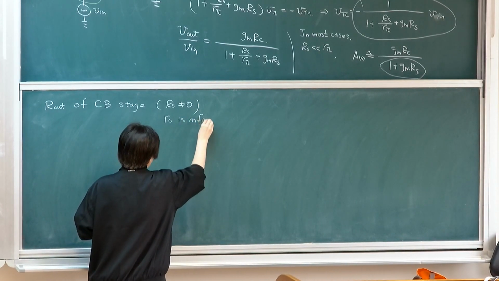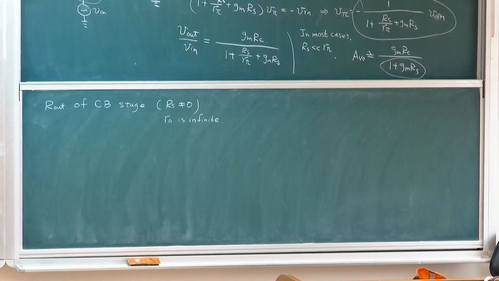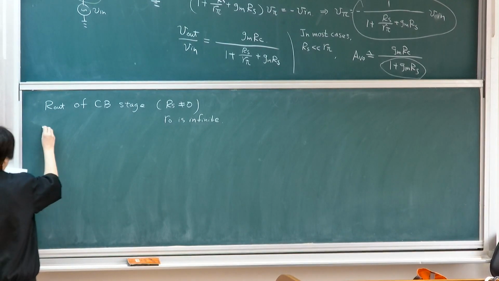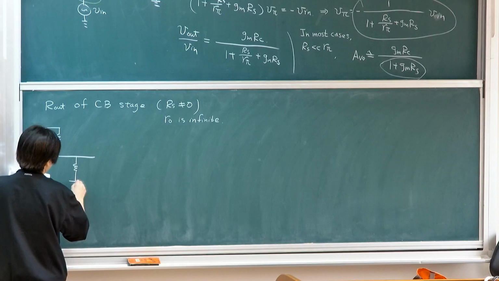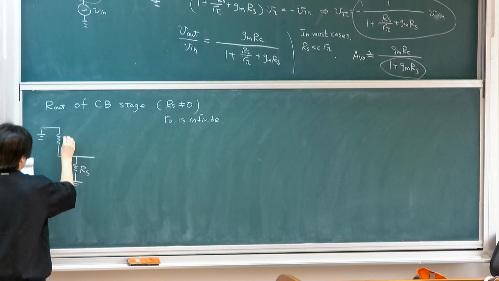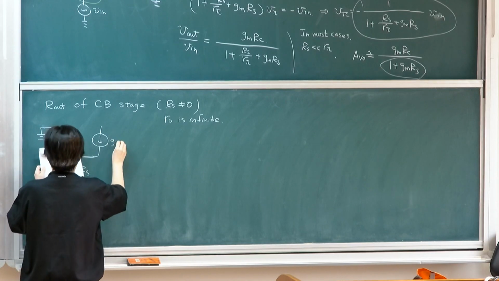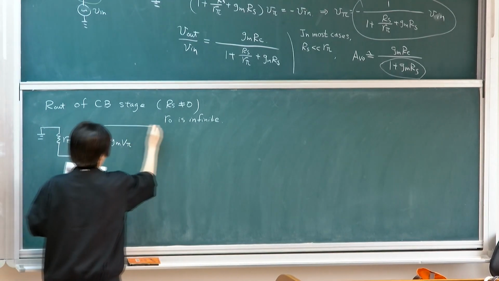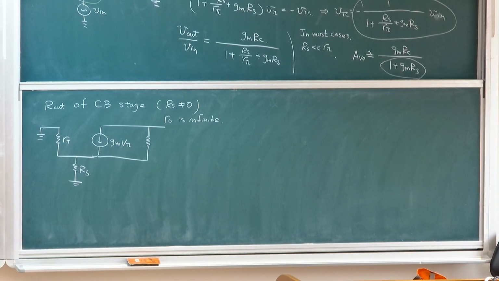If you want to consider the effect of RS on the output resistance, we need to reconstruct our equivalent circuit. So if you want to look at this condition, this is common base, R pi. As I said, if you're not considering RO, you're assuming RO is infinite, then it will always be RC.